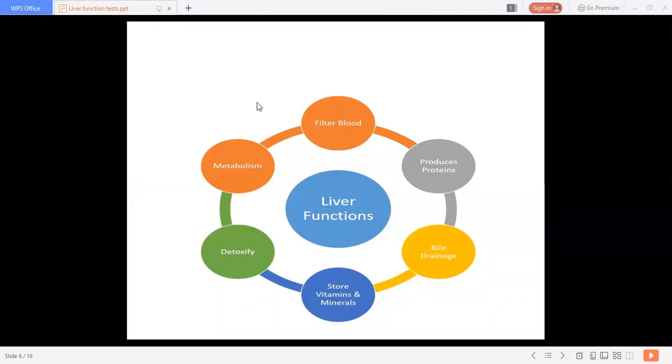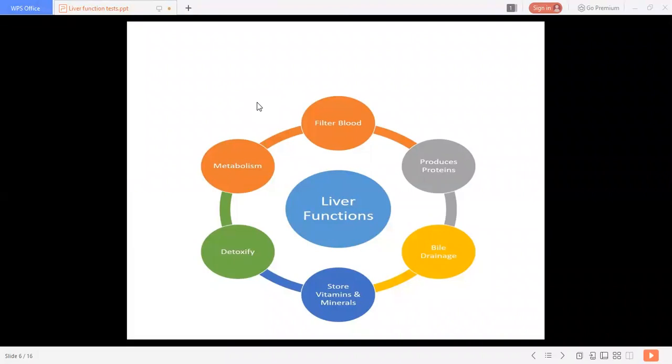In case of kidney disease also, the levels of albumin decrease. So albumin is an important marker to determine the biosynthesis capacity of the liver, because it is a very important protein which is synthesized by the liver.